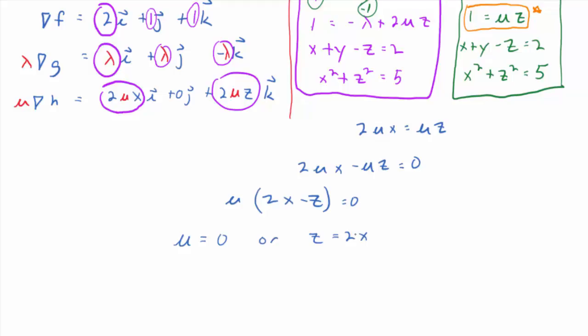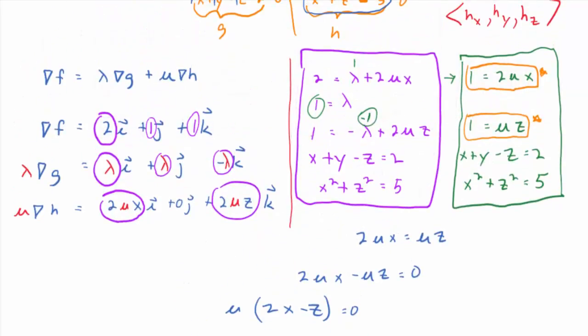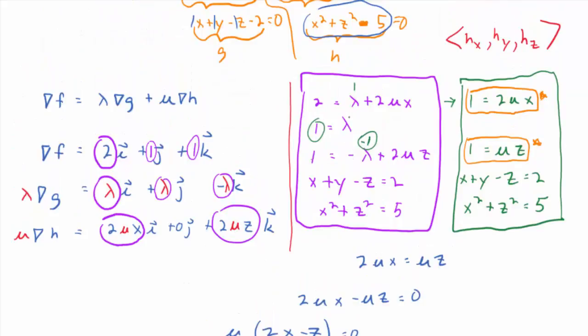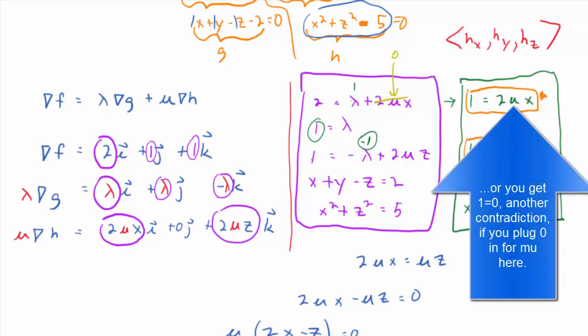So, what happens if mu equals 0? Let's see. We get an inconsistent statement. Does everybody see why? If mu equals 0, then this whole thing zeroes out. We get lambda equals 2, but we already know that lambda equals 1.